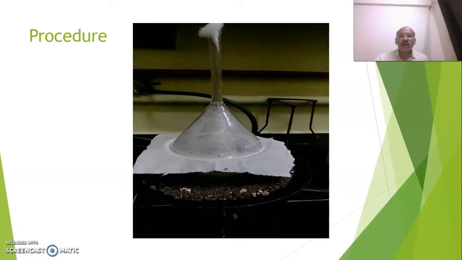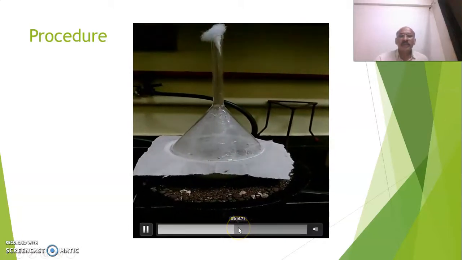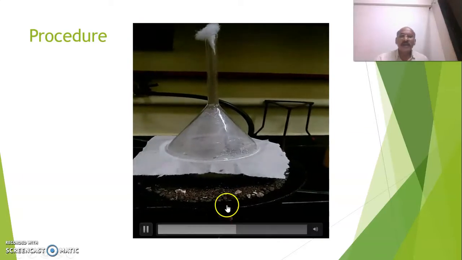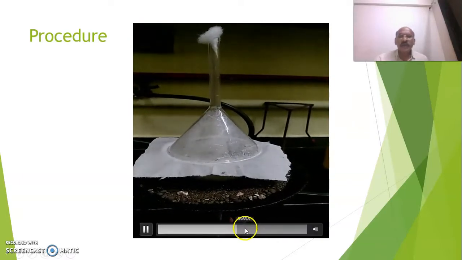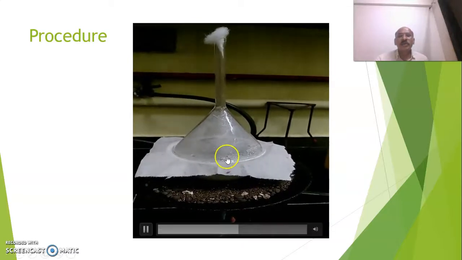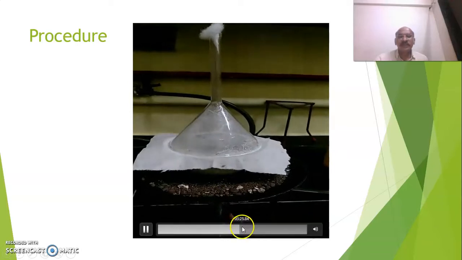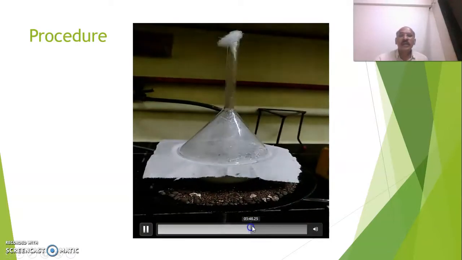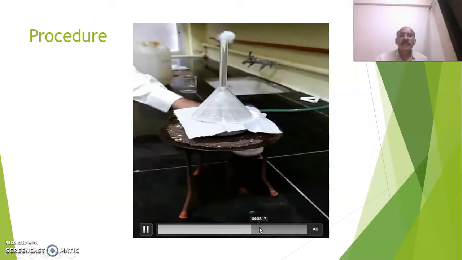So here the product formed is in the vapor phase, that is from solid, and we are collecting that in the funnel where condensation takes place for the formation of crystals. So see, crystals are forming there.